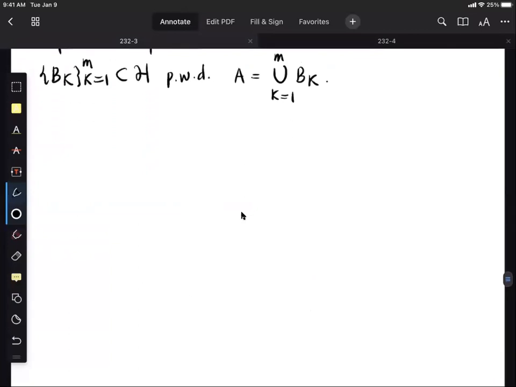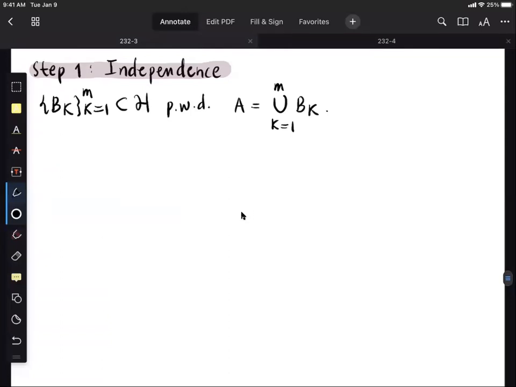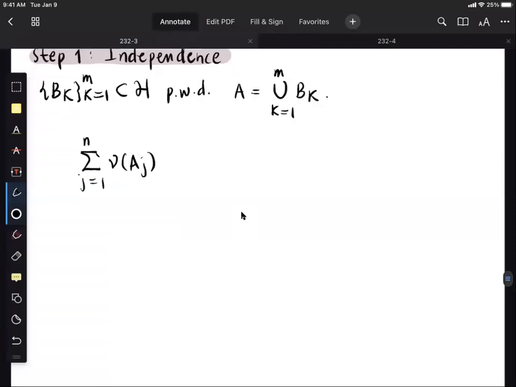Okay. So from this, let's start with the definition of mu. This is the sum of the contents of A sub j with respect to nu. Now, we could write A sub j as A intersection A sub j. Why?